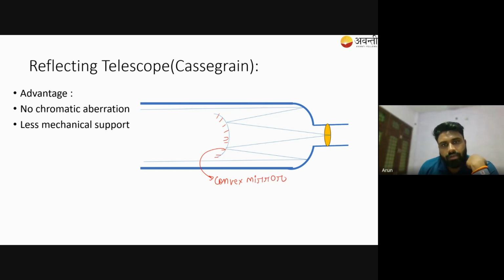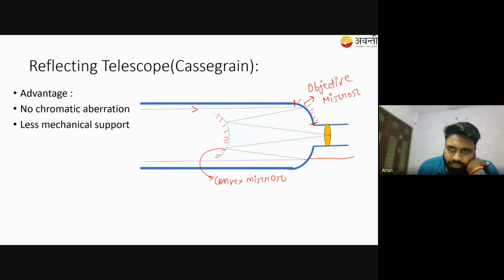A ray is coming this side after reflecting. These are the objective mirror, these surfaces from here to here. This also behaves as an objective mirror. This is the eyepiece.